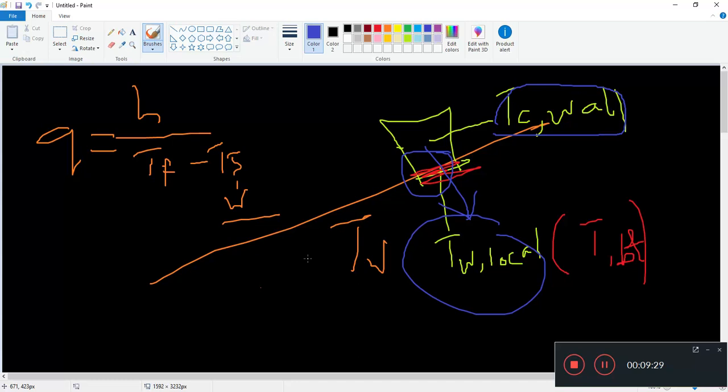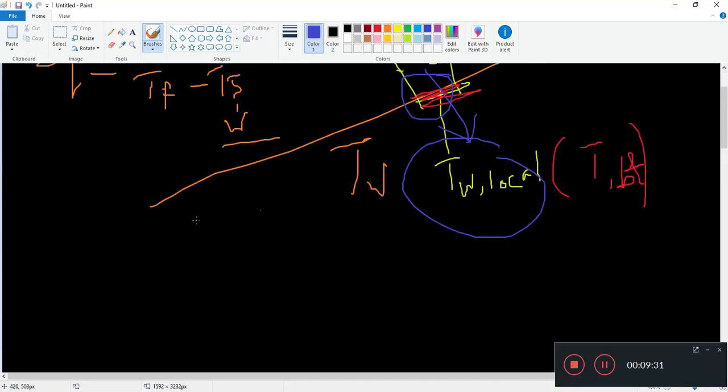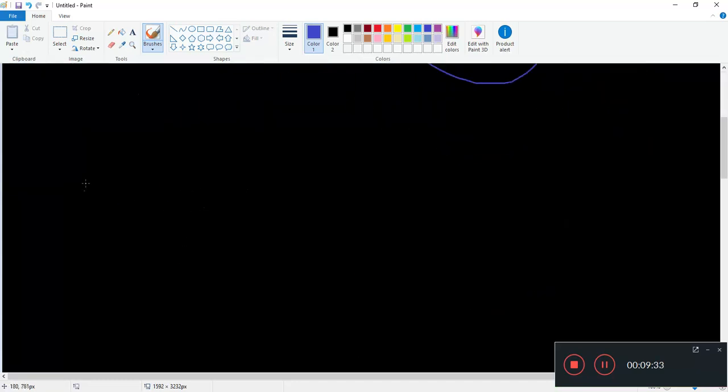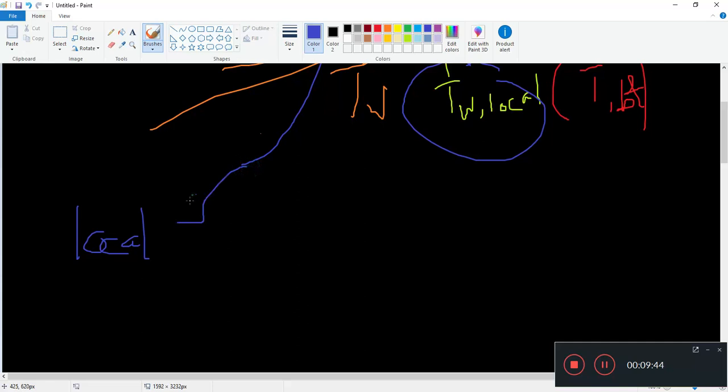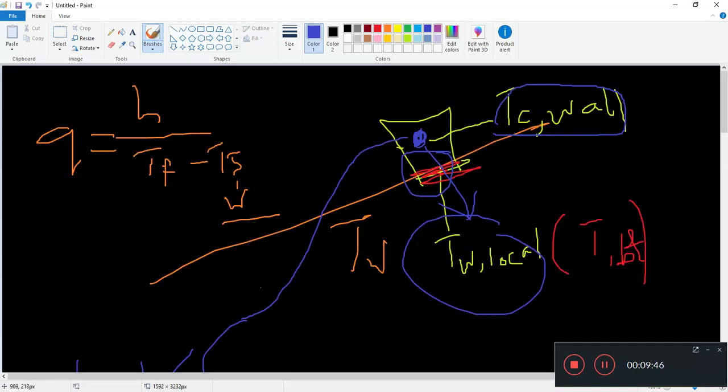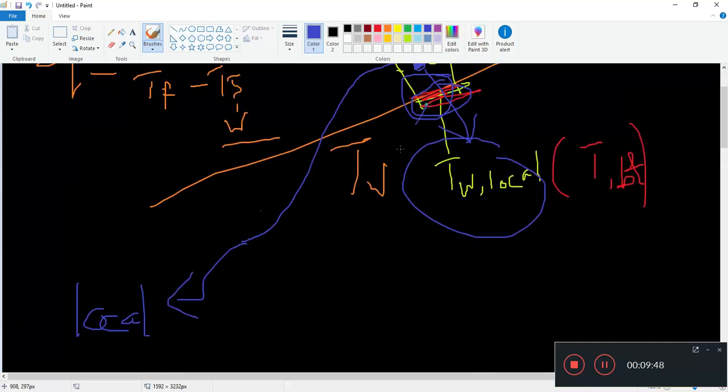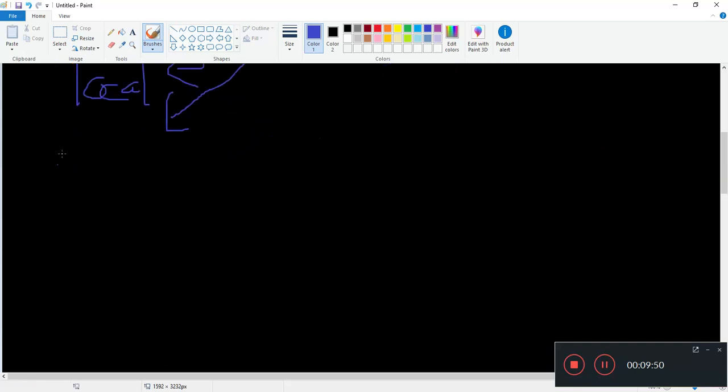So we have to be very careful when we use this model, because if you have a local model, it is going to use the temperature of this cell as the fluid temperature, and then the local temperature of the solid as the solid temperature.